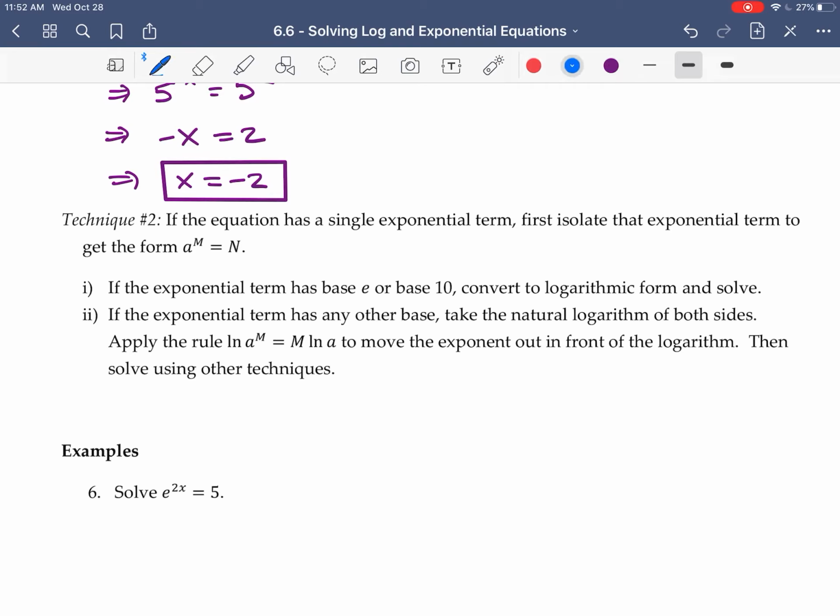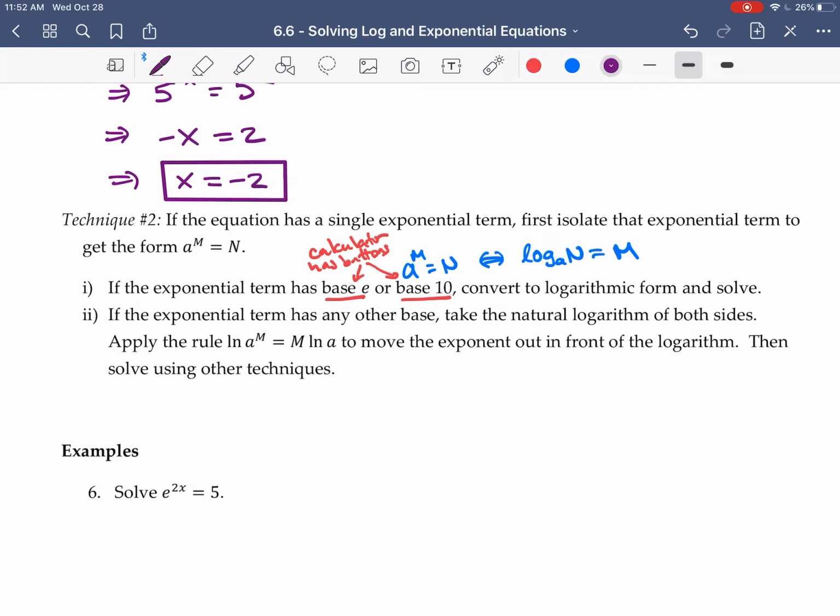What they're talking about here is a to the m equals n is equivalent to log base a of n equals m. The reason they're focused on base e and base 10 is that your calculator has buttons for those. So then you will be able to compute log base a of n if a is e or 10.